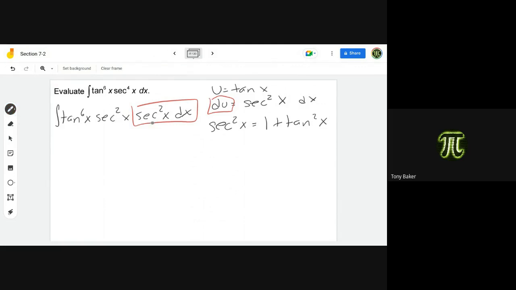And now that secant squared x has got to be changed into 1 plus tangent squared x. Okay. Have I lost anybody to that point right there? Now, this isn't a massively long problem that I shouldn't have chosen.